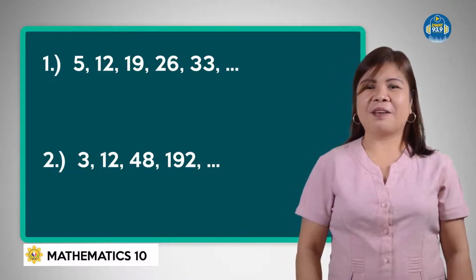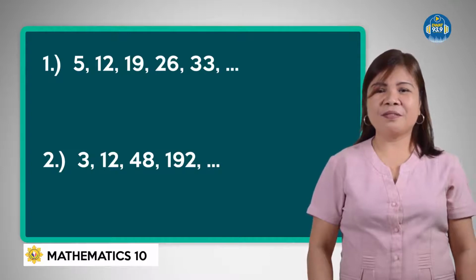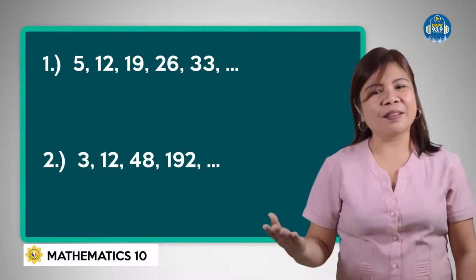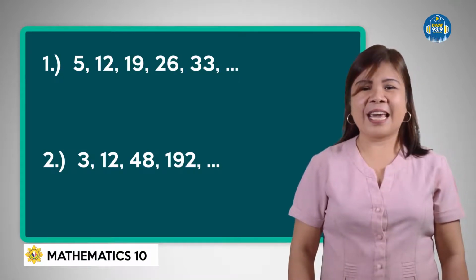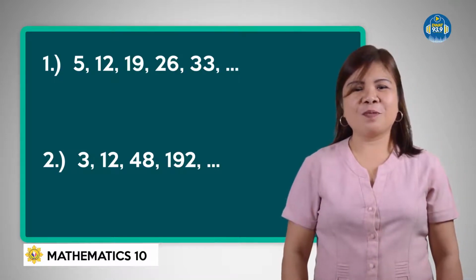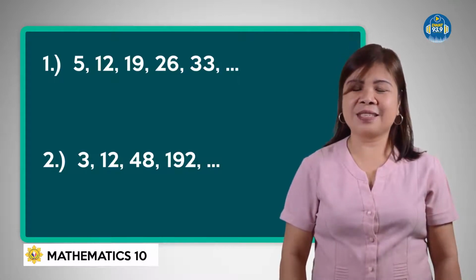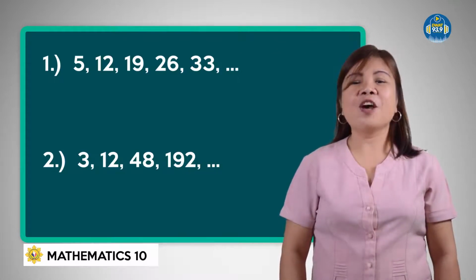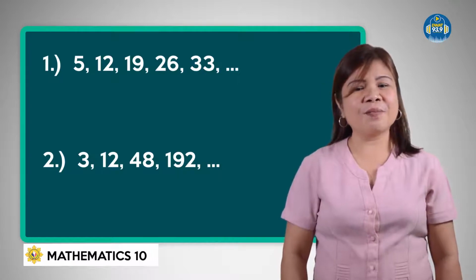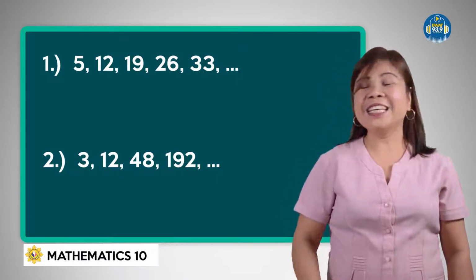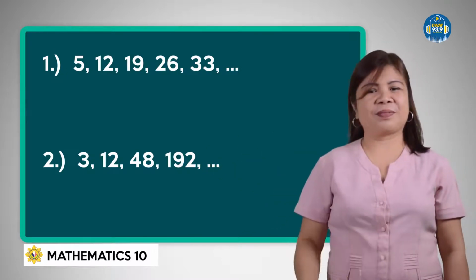Second, we have 3, 12, 48, 192, and so on. What can you say about the pattern that is being followed by the terms or numbers in each sequence? What pattern do you observe in sequence 1? How about in sequence 2?